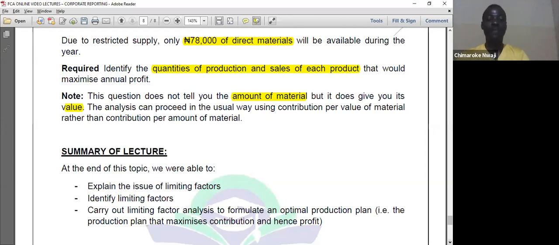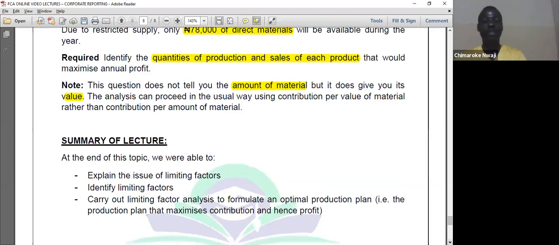Now we have identified limiting factors. We said that there's going to be only one limiting factor. If you are not told, I'm giving you hints on how to identify it. Then carry out a limiting factor analysis to formulate an optimal production plan.